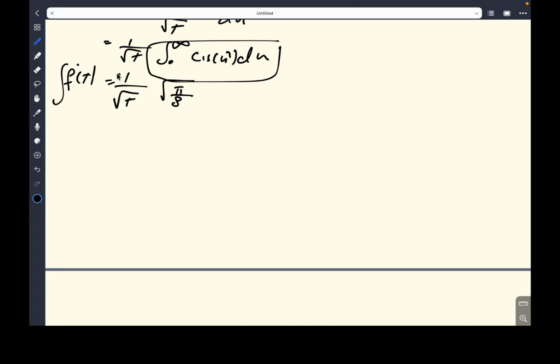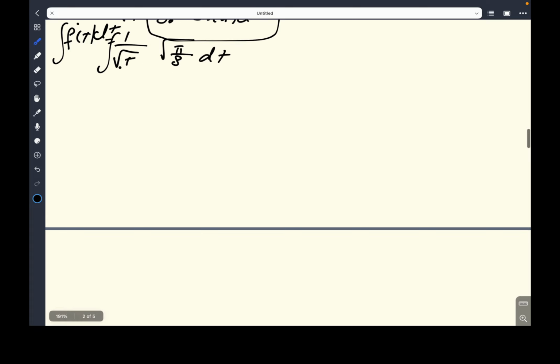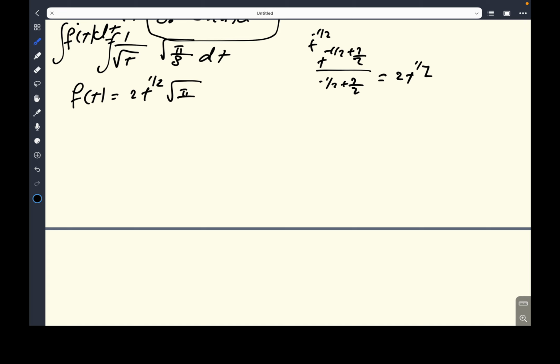If I integrate both sides now with respect to t, my f of t is going to be, since this is t to the negative half, t to the negative half plus 1, which is t to the half, over negative half plus 1, which is one half. So it's 2 t to the half root pi over 8 plus some constant of integration.